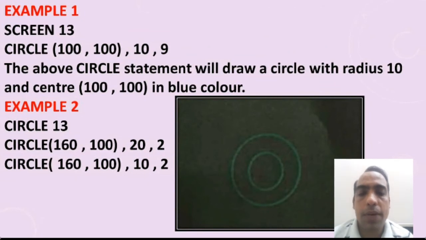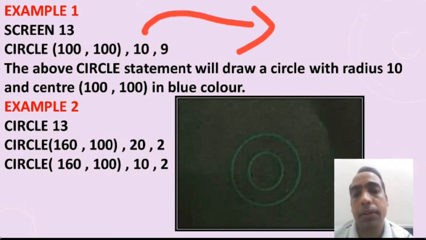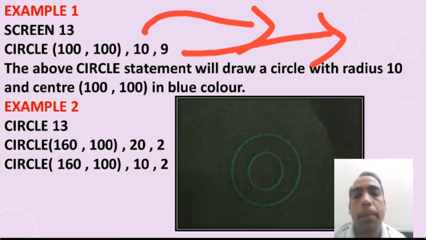Now you can see the first example of the circle statement. Screen 13, circle 100, 100, 10, 9. The above circle statement will draw a circle with radius 10. In this example the radius is 10 and the center point is 100, 100, in blue color because 9 is for blue color.